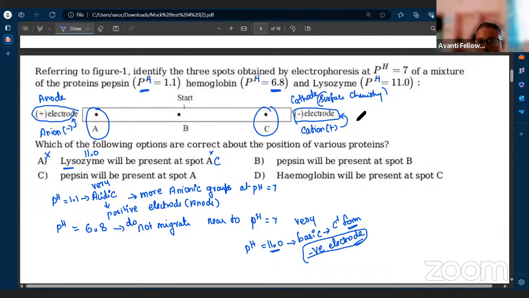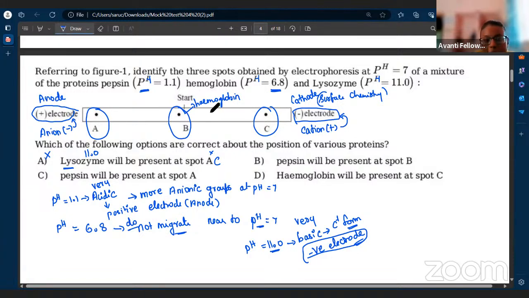Next, pepsin is said to be at spot B. Spot B should be for hemoglobin, because it is in the middle.